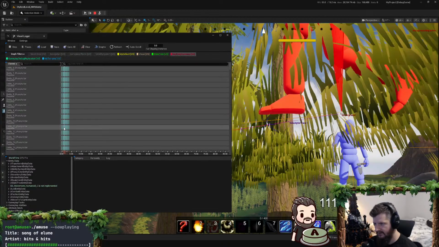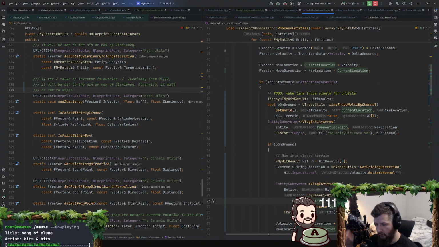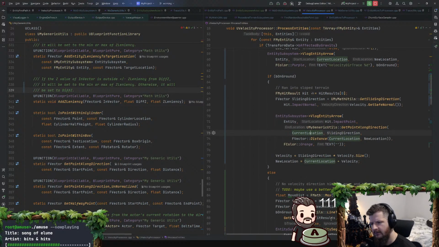So if that's the case, why is it not getting set on orange? And then we set velocity equal to sliding direction times velocity size to unnormalize it, because this is a normalized sliding direction.